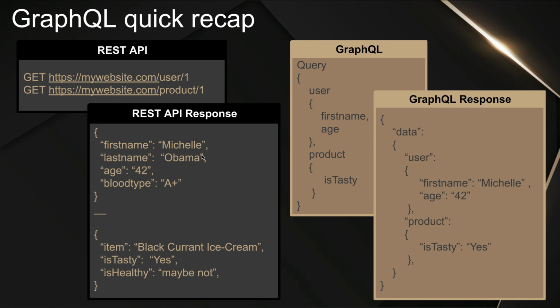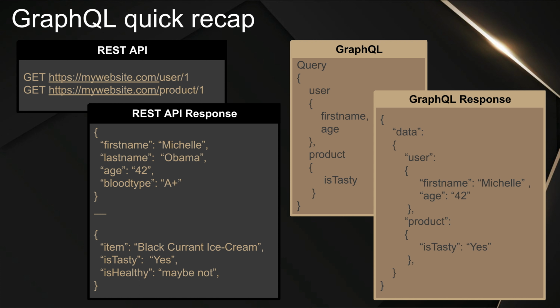You can't pick and choose the fields that you want. In GraphQL, the benefit is that you can specify the exact fields that you want. In this case, we're querying the user, first name and age. So our response has only the first name and age fields of the user. It doesn't have the other fields such as blood type and last name.